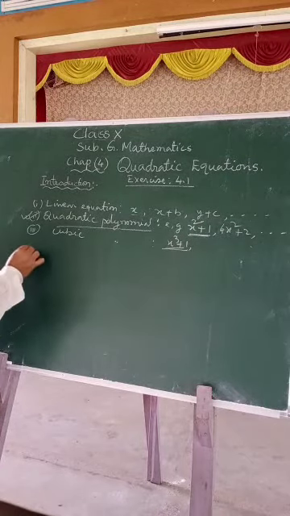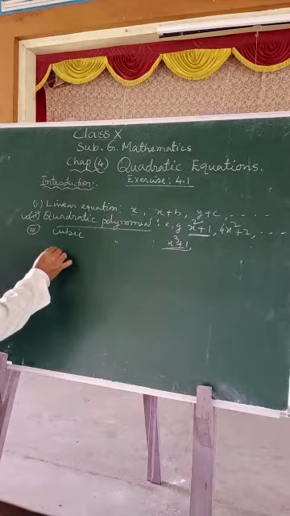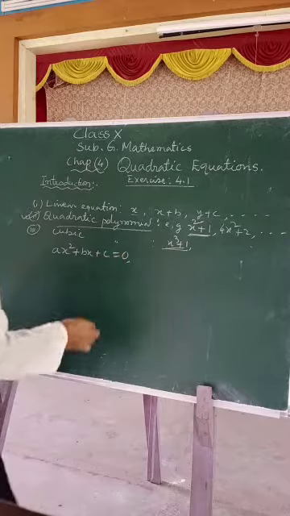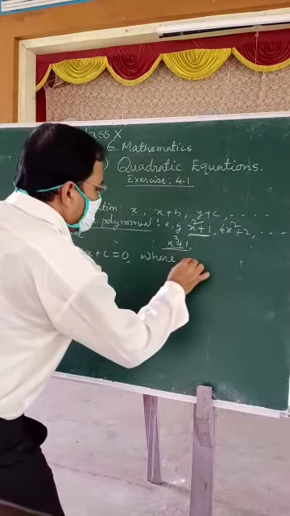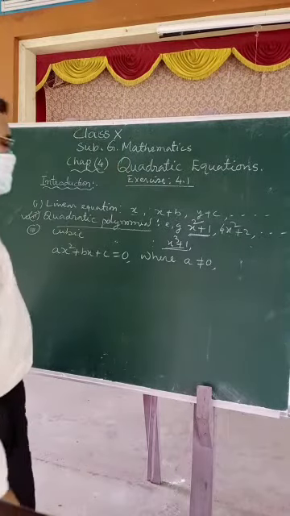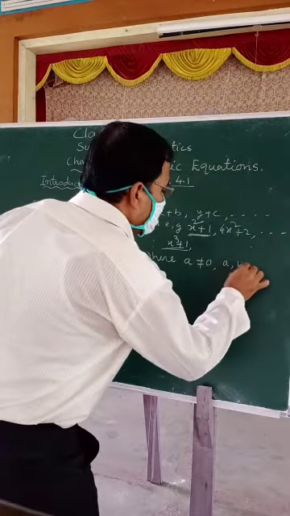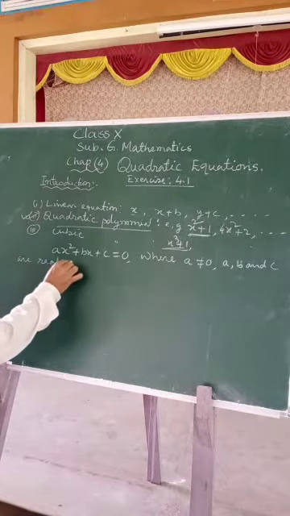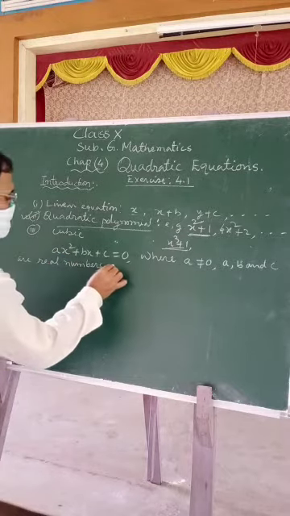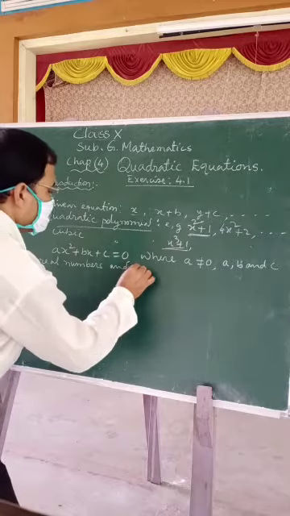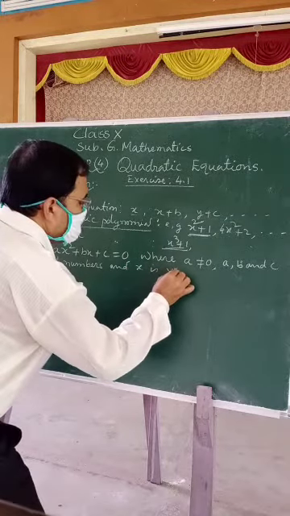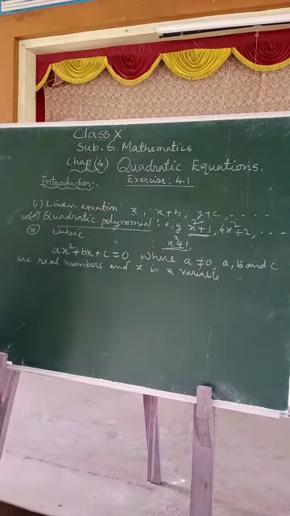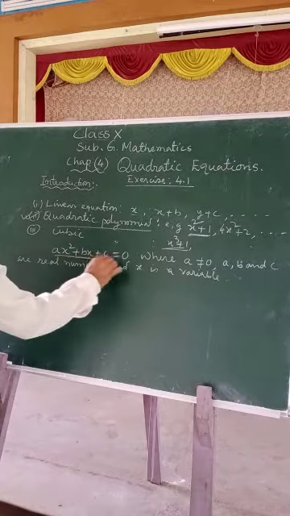The standard form is ax square plus bx plus c equal to 0, where a is not equal to 0, a, b and c are real numbers, and x is a variable. So it is a quadratic equation.